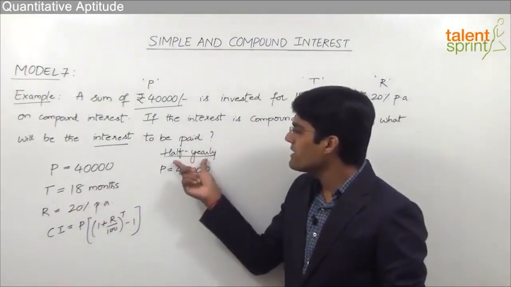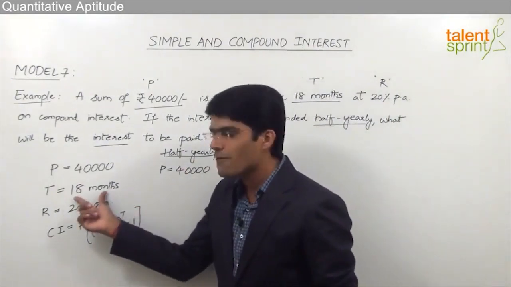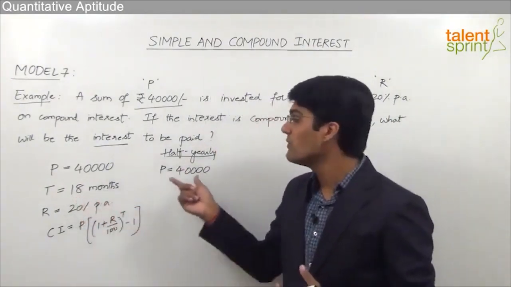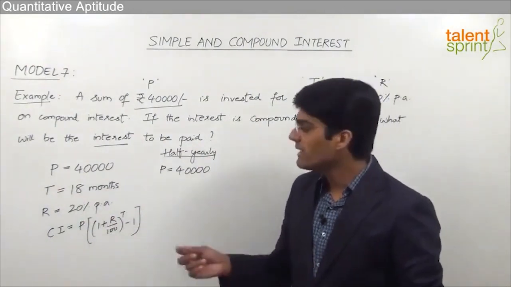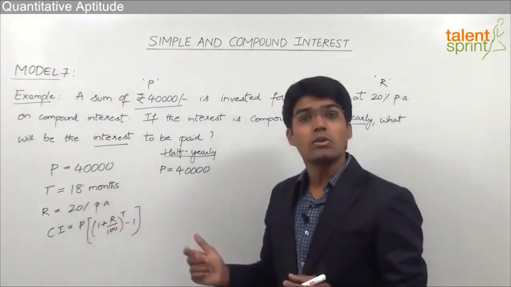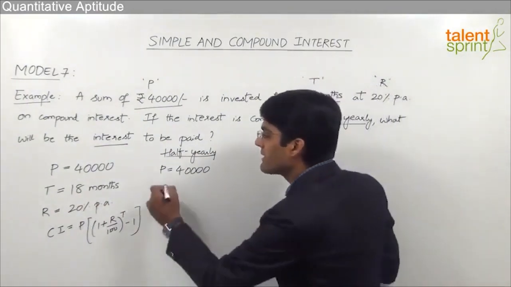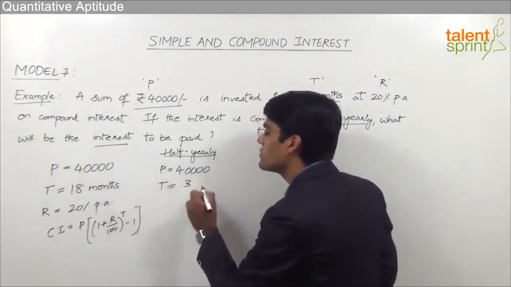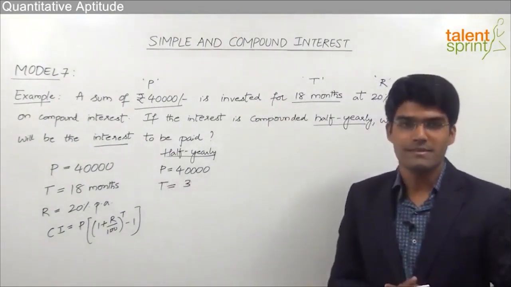And since the compounding is done on a half yearly basis, we need to understand in this total span of 18 months how many half years, or how many 6-month periods, we get. So very clearly 18 months here is equal to 3 six-month periods, or 3 half years. So we can say that the time that has to be used in the calculation should be 3. This is 3 periods where each period is equal to 6 months.